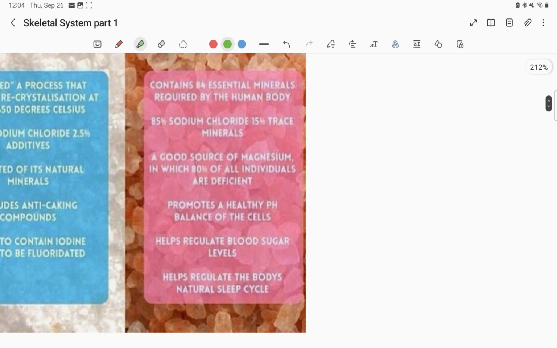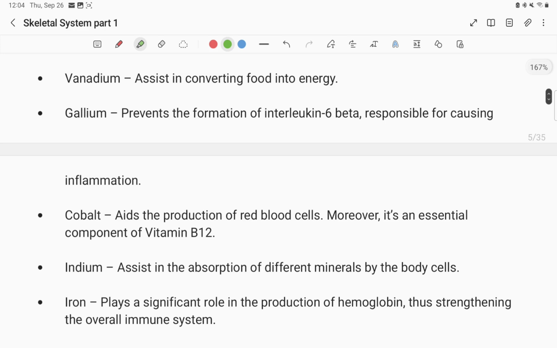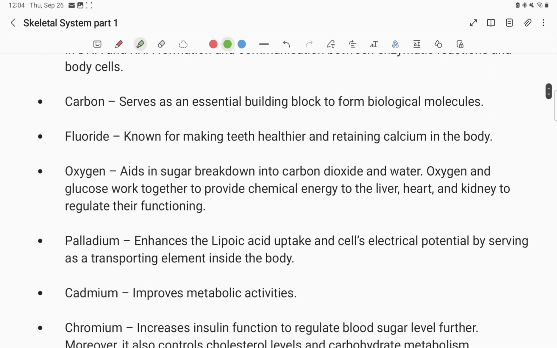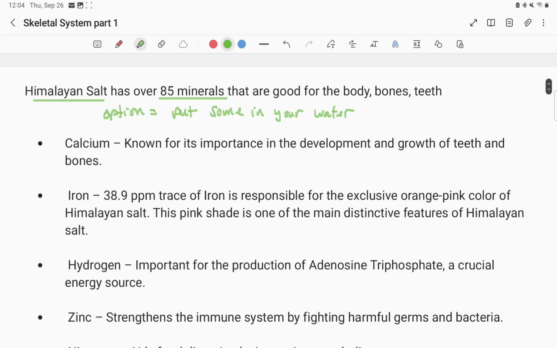It helps regulate blood sugar levels, helps regulate the body's natural sleep-wake cycles, so there's your circadian rhythms. It helps promote healthy balance of the cells. So all these that I listed here are found in the Himalayan salt. So it's a recommendation actually to add a pinch of Himalayan salt to your water bottle so that you're getting this in your body.